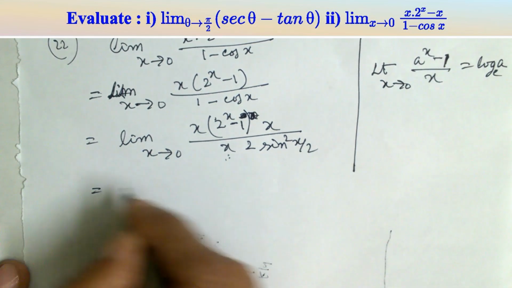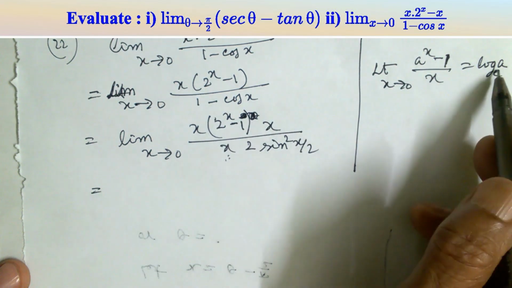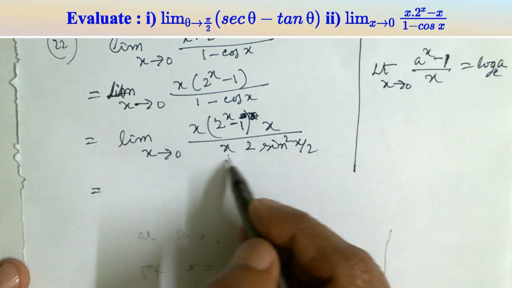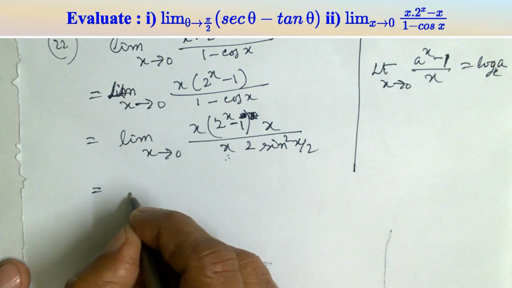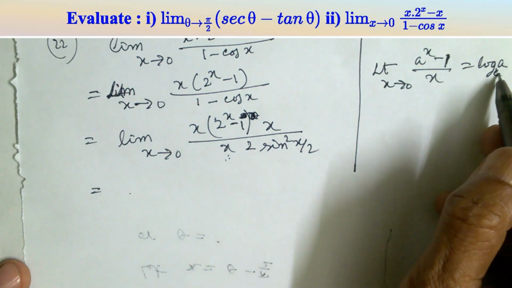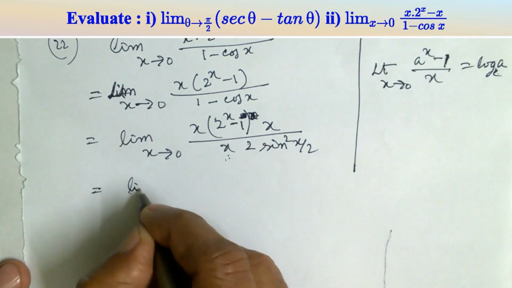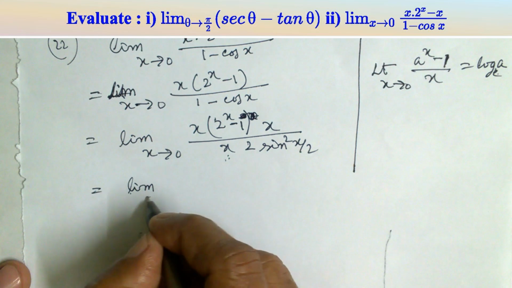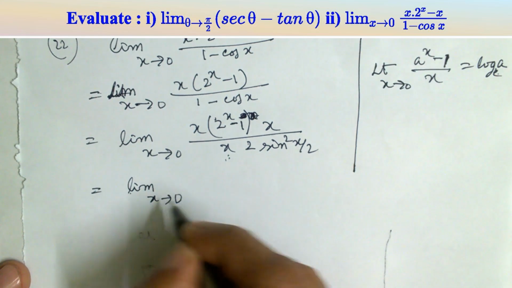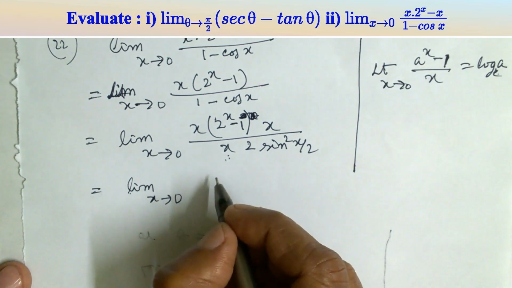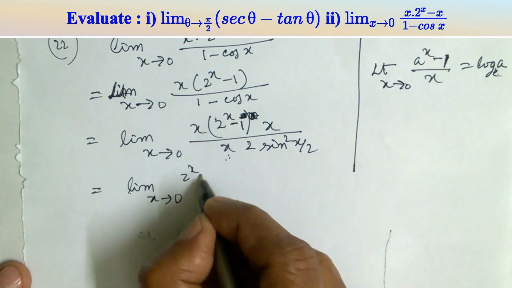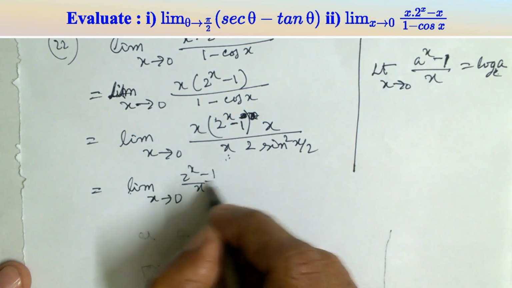So using that formula, for this portion we will write log 2. Limit x tends to 0 of 2 to the power x minus 1 by x, that is one portion.